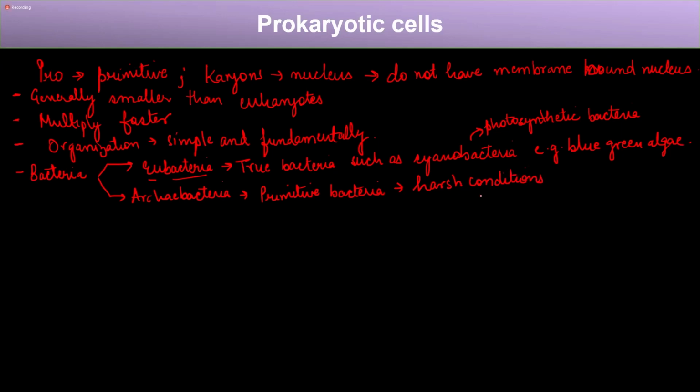They can survive in these conditions because of a special kind of cell wall. Their cell wall is responsible for their survival in harsh conditions. An example of archaebacteria is methanogens.